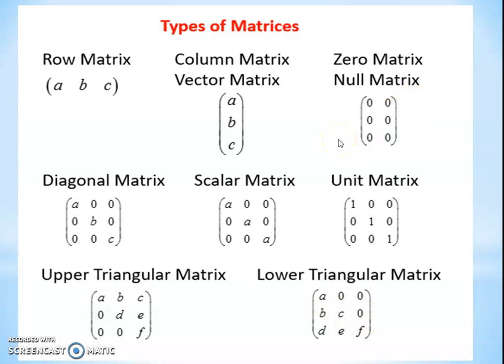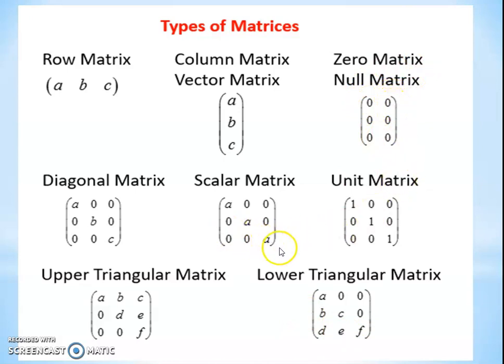Most probably in the types of matrices, the elements allocated in a row matrix, column matrix, diagonal matrix, upper triangular matrix and lower triangular matrix can be any type of numbers, fractions or decimals. But be clear about this. In a zero matrix, all entries should be 0.